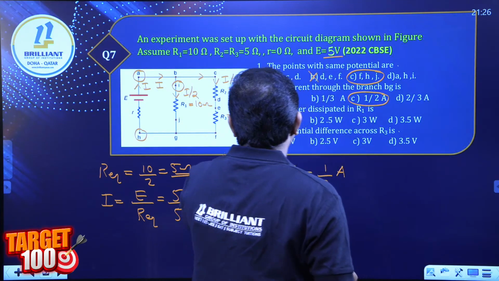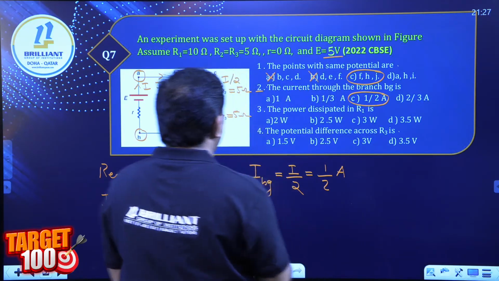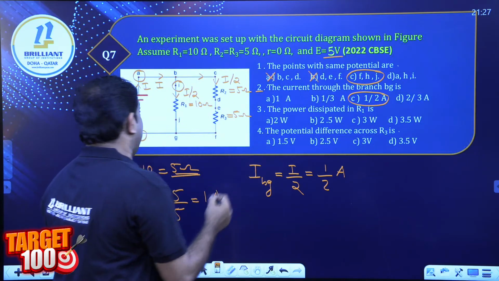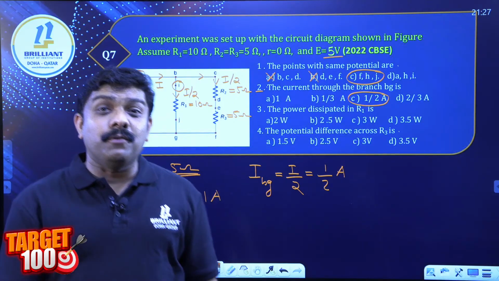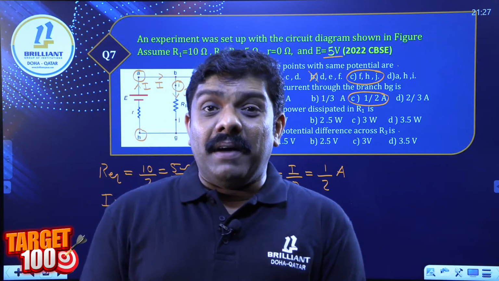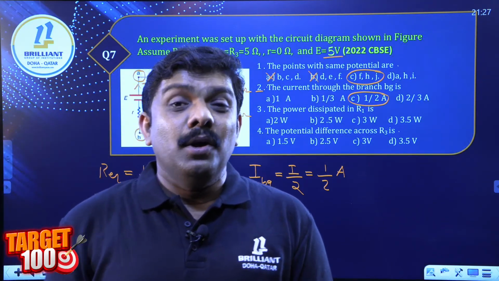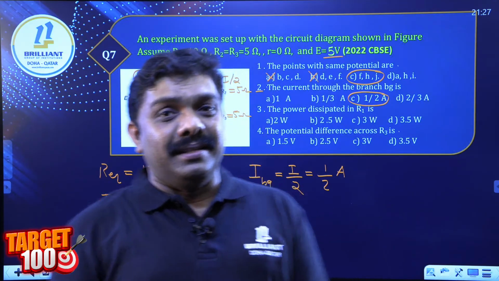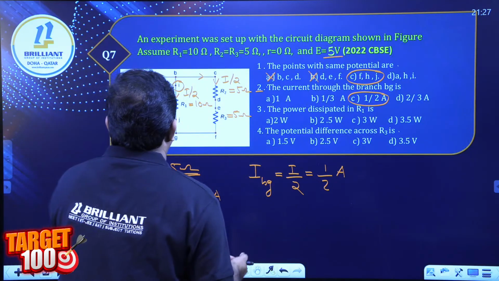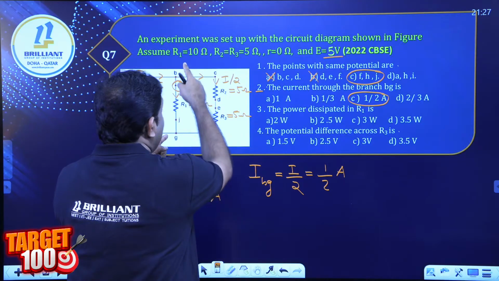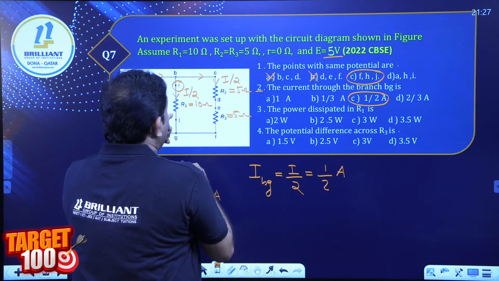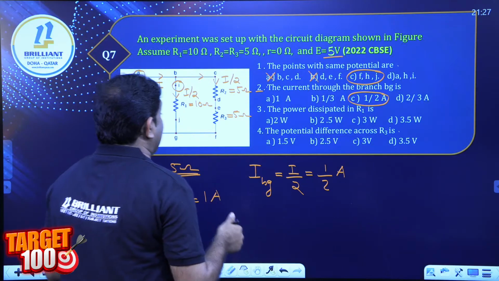And then see the third one: the power dissipated in R1. What is the formula for power dissipated? Power dissipated is V square by R, or we can say I square R. Any formula we can use here to calculate the power dissipated in the resistance R1.